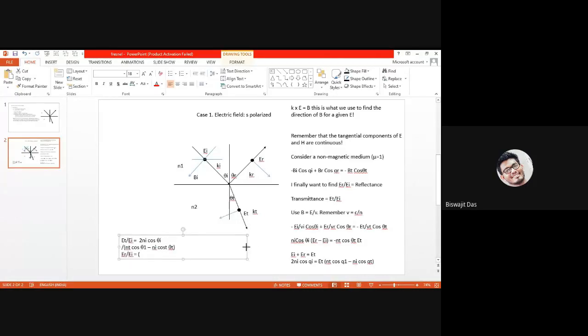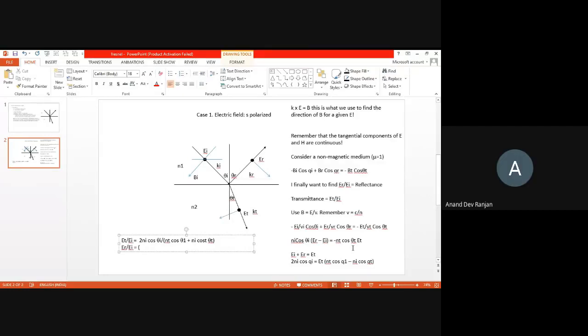And that will be plus. Yes. But what will the other one be? This we can derive very simply from here.